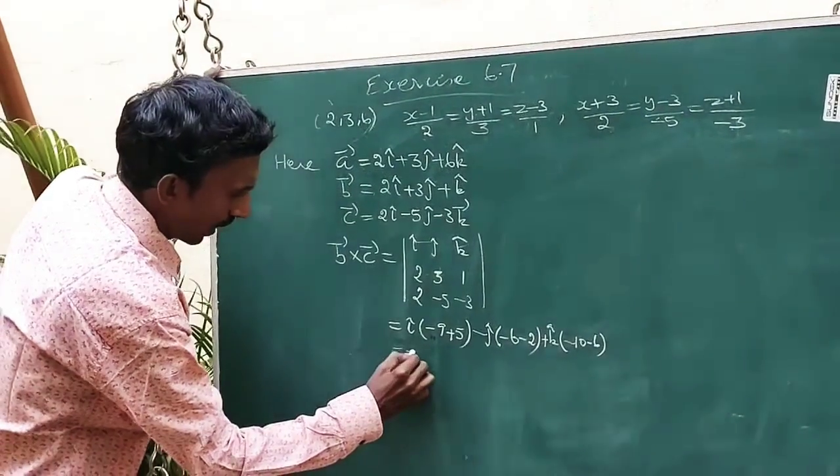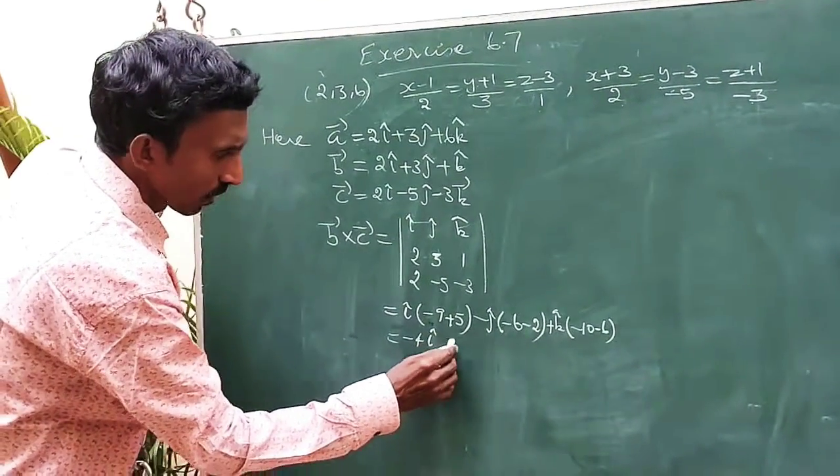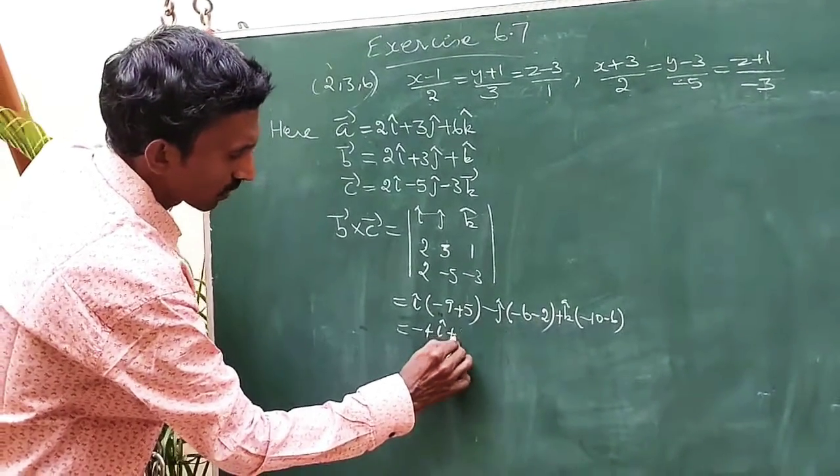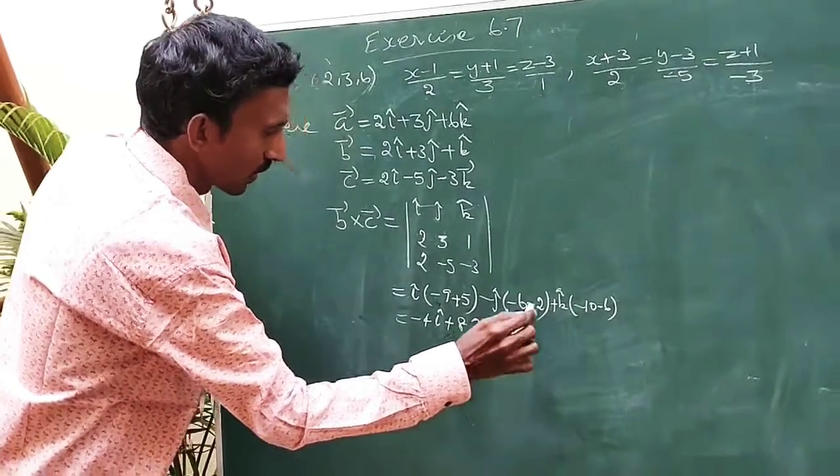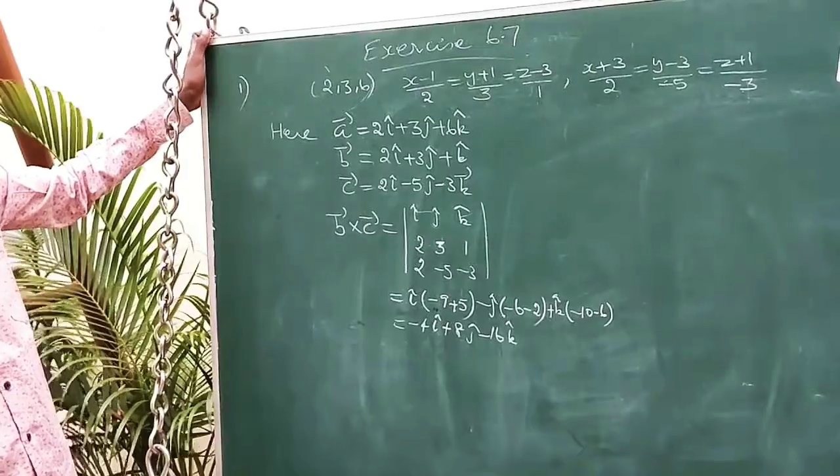So minus 4i plus 8j minus 16k, that is B cross C.